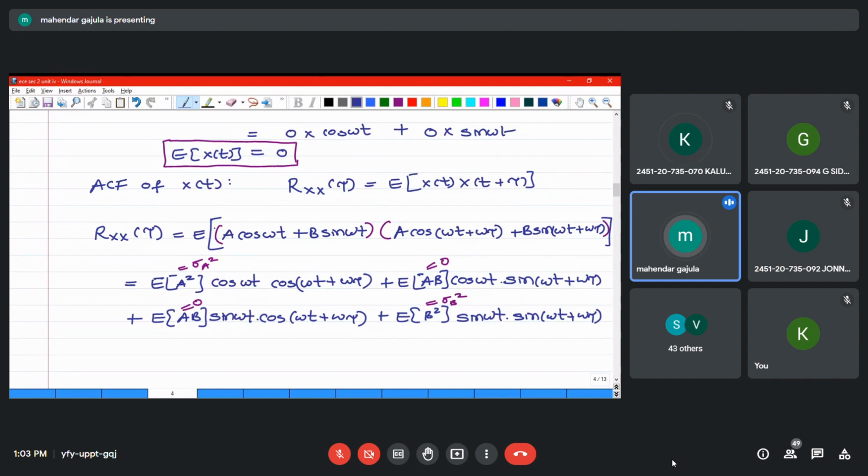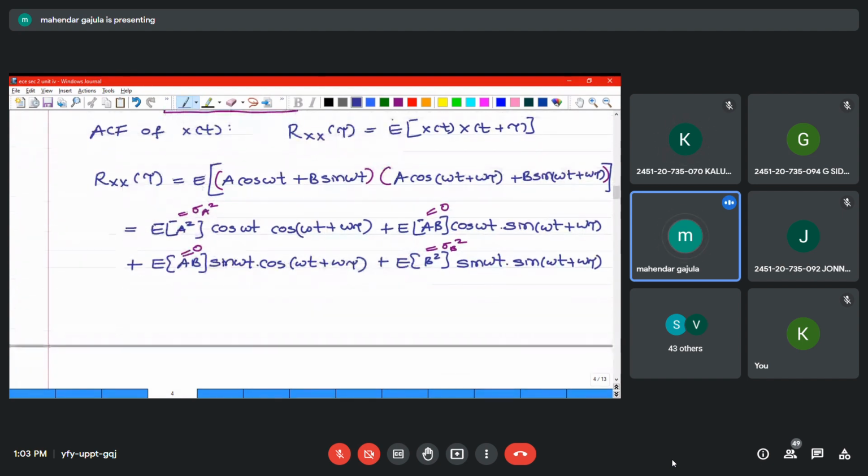It is already given that the mean is 0. So we can take sigma a square, which is nothing but sigma square.